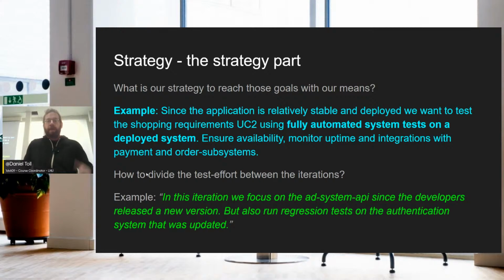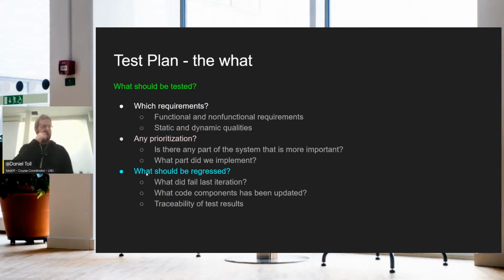So in this case, we focus our testing effort on the things that have changed or that we have new versions of. So we strategize and we say that, okay, this iteration we're going to do this, next iteration we're going to focus on this one, third iteration we're going to have another focus and things like that in order to not bust our budget. And often it is people and time that is the problem.